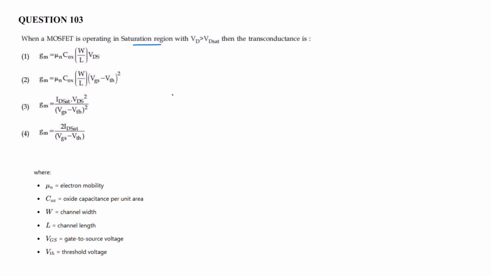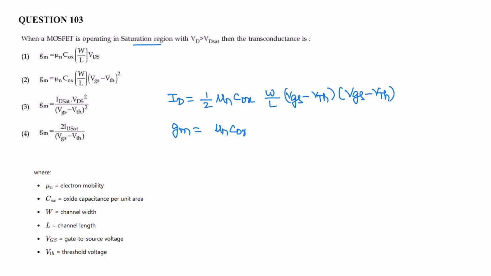Now we know the drain current ID is half mu n COX W by L into VGS minus VTH whole square, and the transconductance GM is mu n COX W by L into VGS minus VTH.